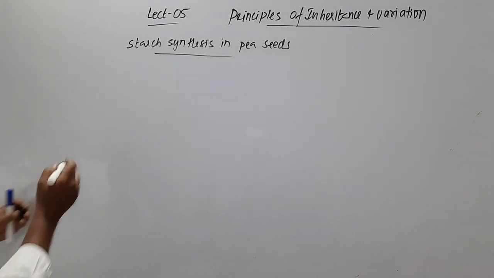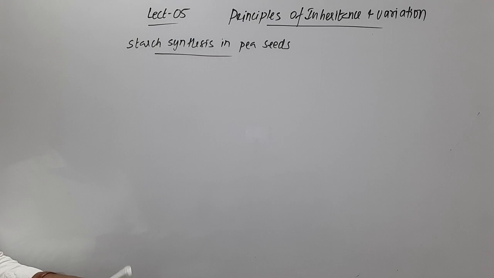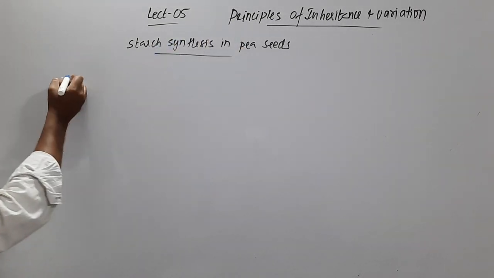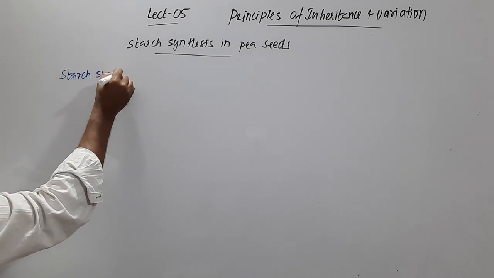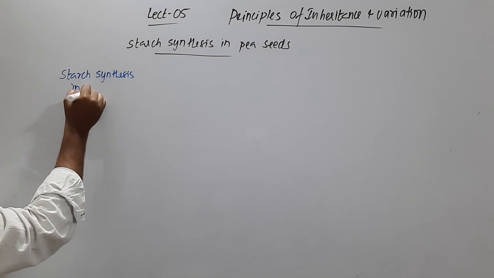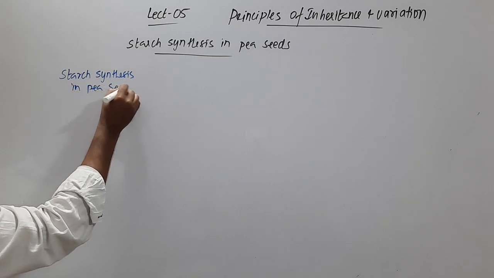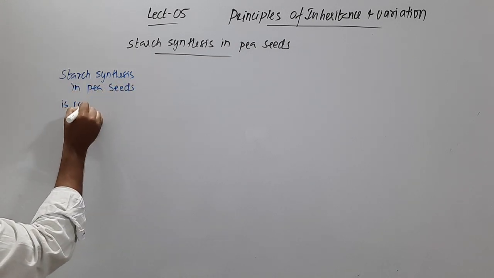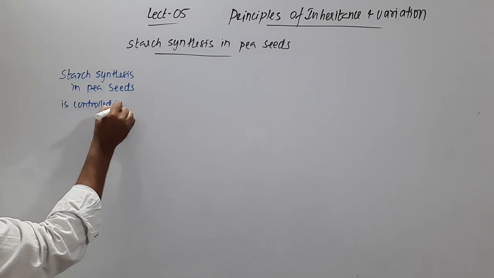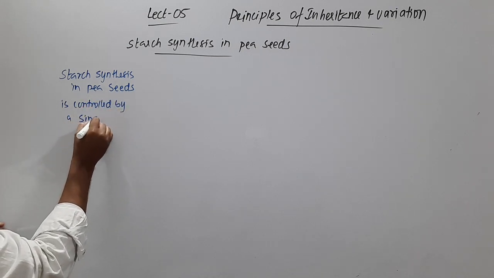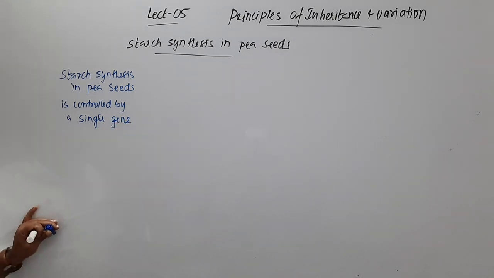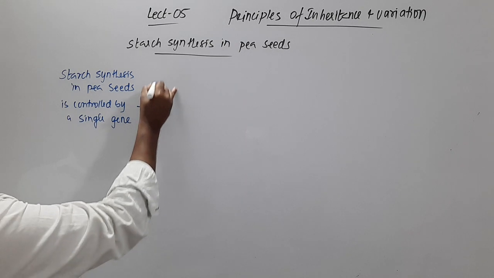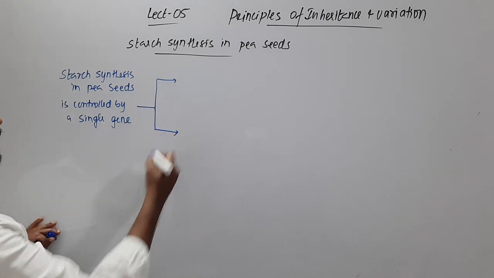So here starch synthesis in pea seeds is controlled by a single gene, and this single gene has two alleles.